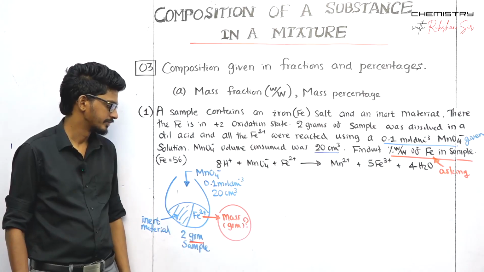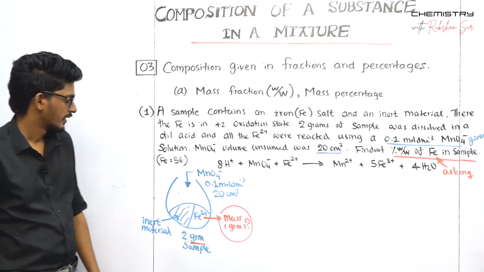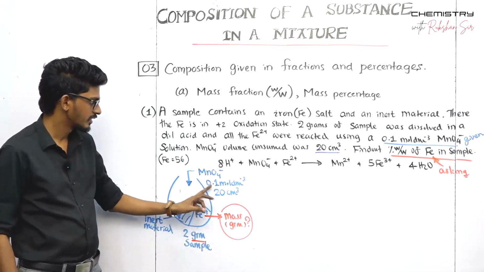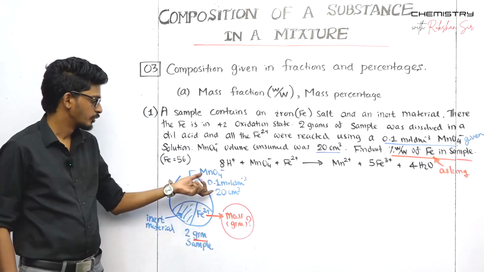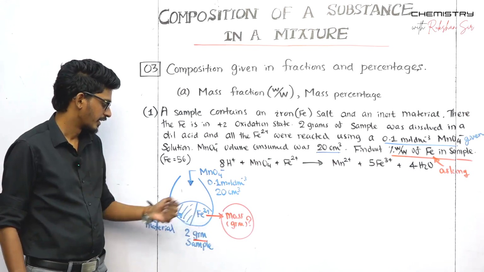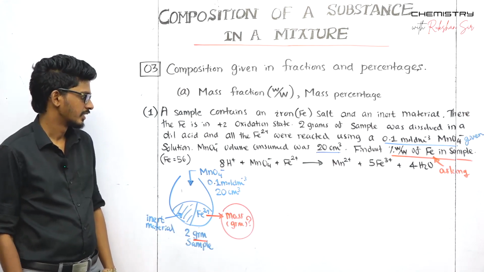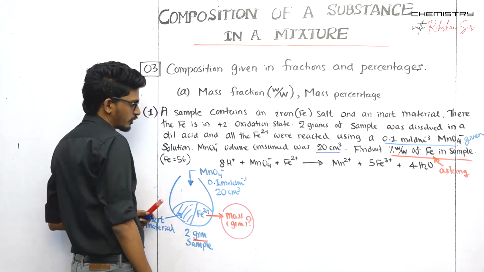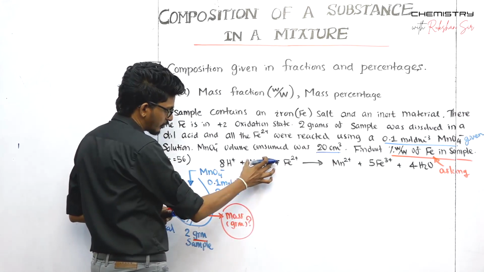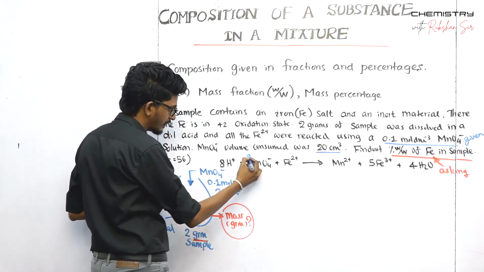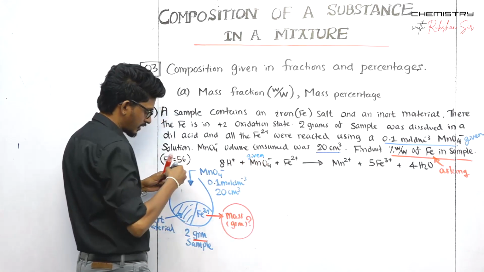What we need to do? This is the asking data and this is the given data. So use the given data to find out the mass of Fe2+. How to do that? Some data about MnO4 minus is given, so you can convert that data to number of moles of MnO4 minus.